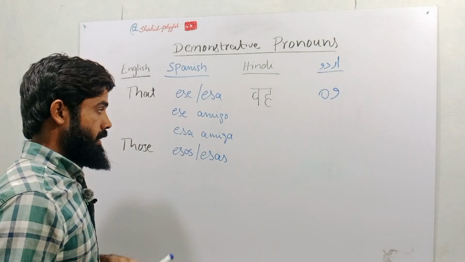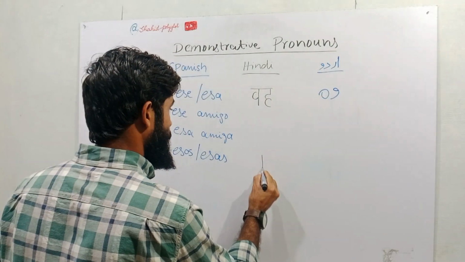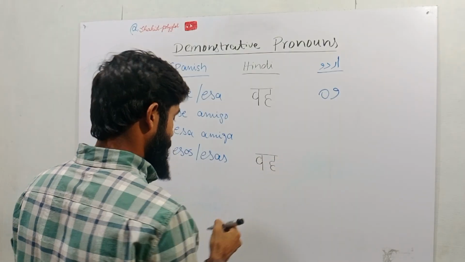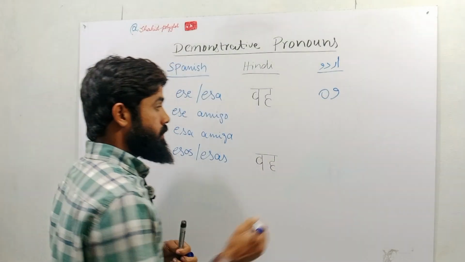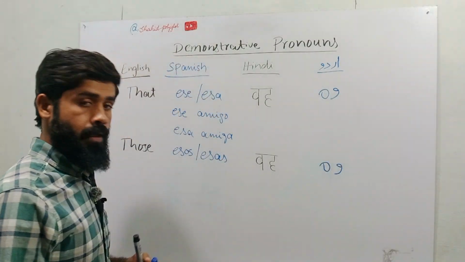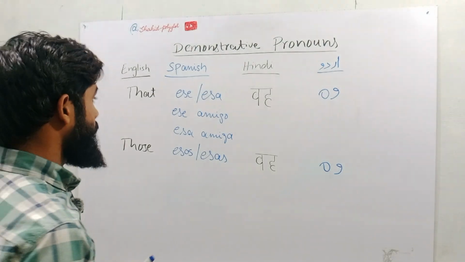And in Hindi we use the same wo, and same in Urdu, which is written as wo. Now let's take the example of esos or esas.